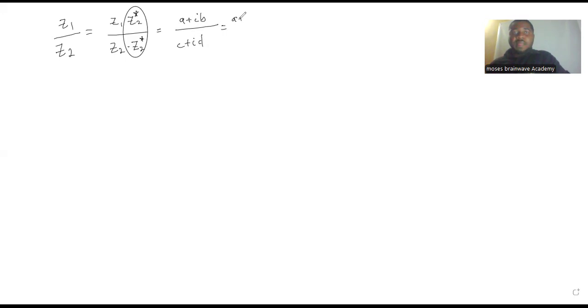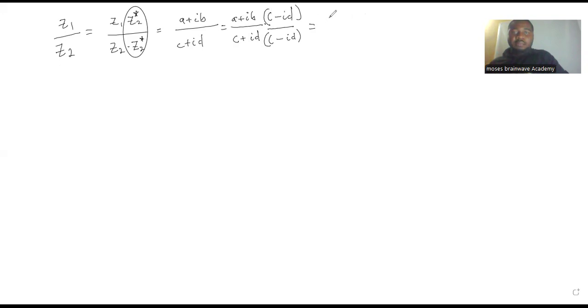So I have A plus IB upon C plus ID. Then I'll multiply this by what? C minus ID, the conjugate, upon C minus ID, right? Fantastic. So you can see that this part does not actually change because C minus ID divided by C minus ID is equal to 1.